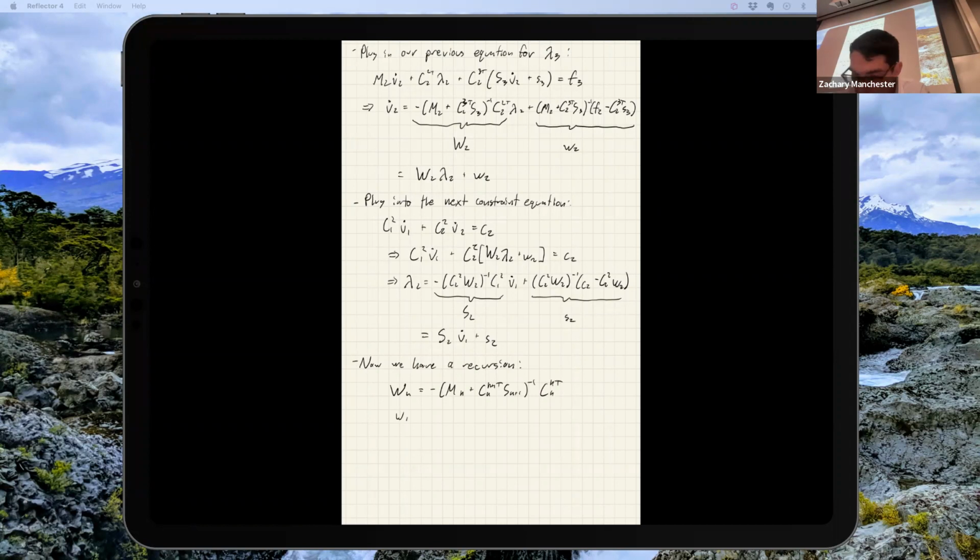Little w is the same matrix, this stuff over here. Then we get the S's, which is this.